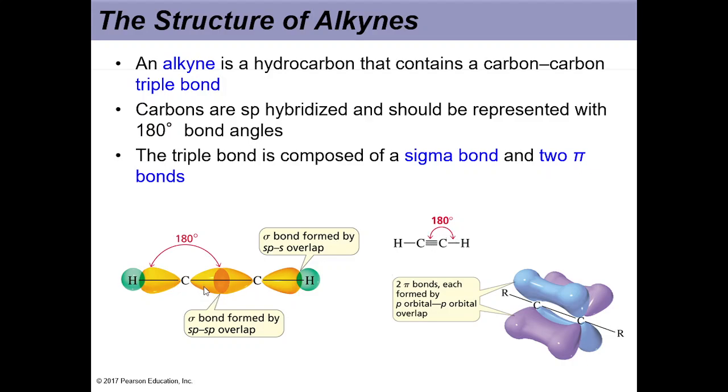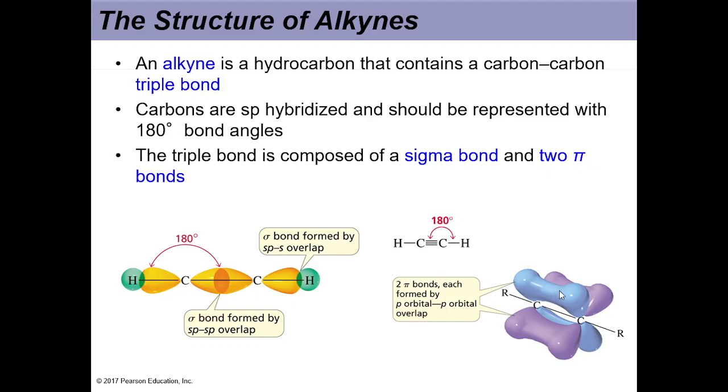The sigma bond between two carbons is the overlapping of sp hybridized orbitals. This overlapping is along the carbon-carbon nucleus axis, which is the most basic structure of any hydrocarbon. And then the two unhybridized p orbitals, which are dumbbell shaped, overlap along the side between the two carbons.